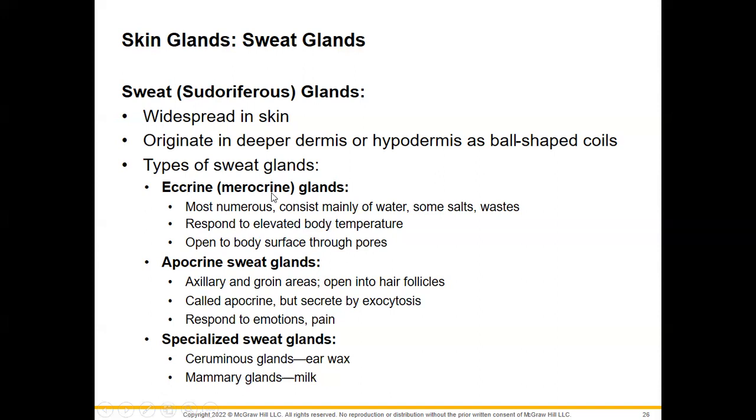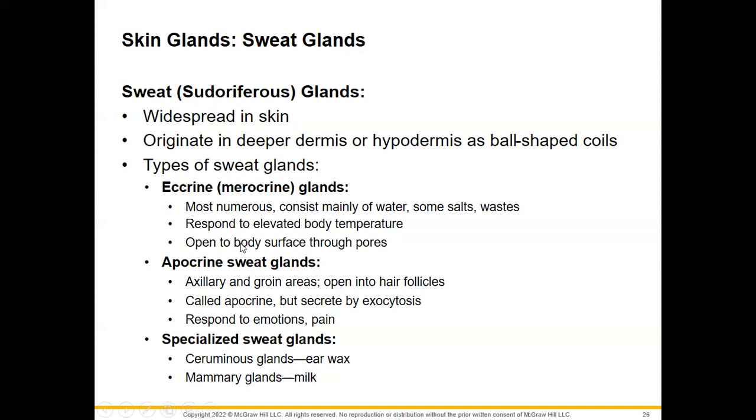So eccrine or merocrine glands. Eccrine glands are going to be those that are present at birth. You notice that even newborns, when they get warm, will have cute little beads of sweat on their forehead. Those are because the eccrine or merocrine glands are working and they are helping to cool the baby off.